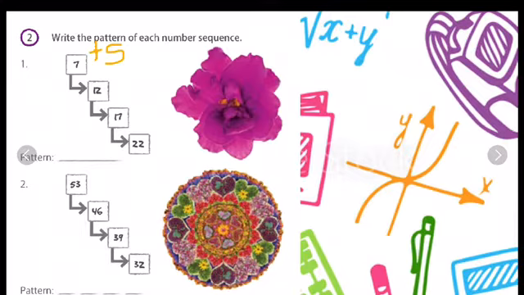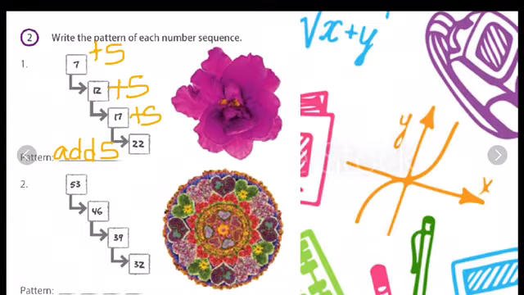Now 12 plus 5 equals 17. 17 plus 5 equals 22. What is the pattern? Well, you have to add 5. That is your answer. I hope you have the same answer that I do.